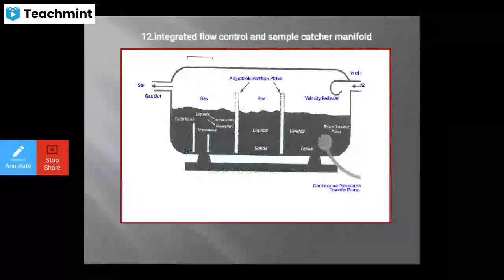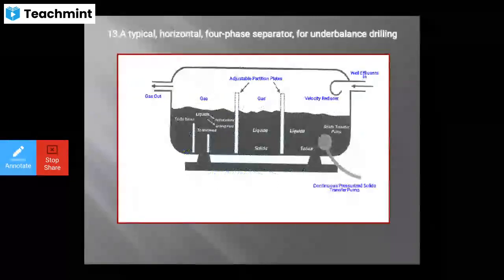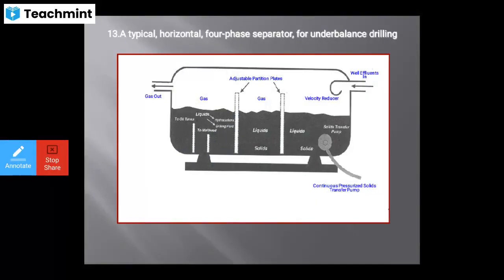You can see the continuous pressurized solids transfer pump also shown at the bottom, and the well effluents are sent in from the top on the right hand side of the separator. The gas is taken out on the left hand side. So this is the brief schematic of your horizontal 4-phase separator.